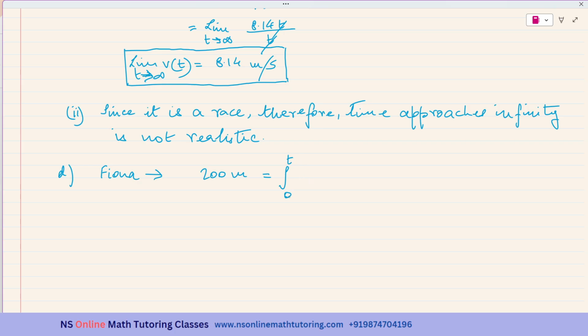So the starting value of time is 0 seconds, and the upper limit is t, this you have to understand, and the expression v of t was 8.14t over square root of t square plus 0.2 and dt, and we have to find the value of t. It is meters. We do not write the unit in an equation, so it is 200 equal to this.